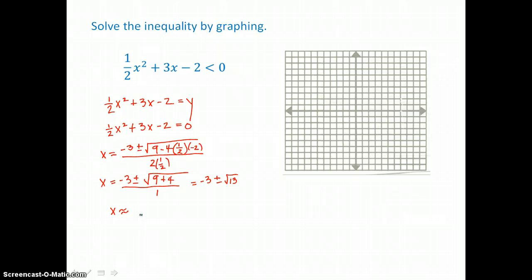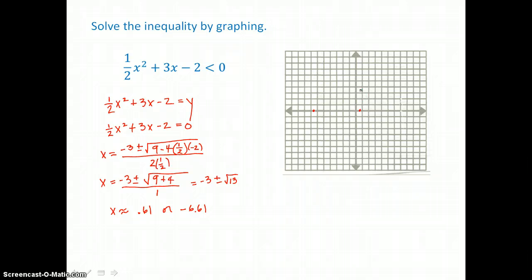If I put in -3 plus the square root of 13, I'm going to get 0.61 for an x-intercept approximately. Or if I put in -3 minus the square root of 13, I'll get -6.61. And now graphing those x-intercepts, I'll find one here and one approximately here on the x-axis.